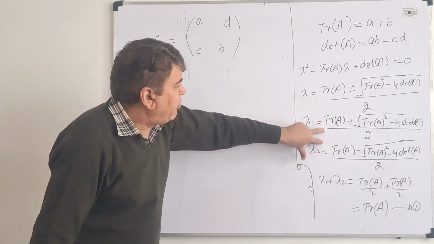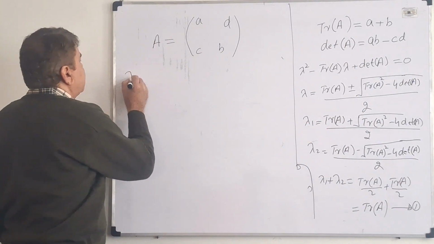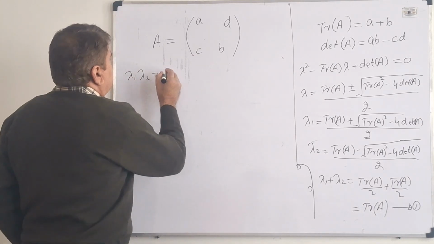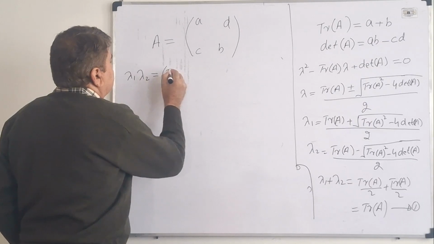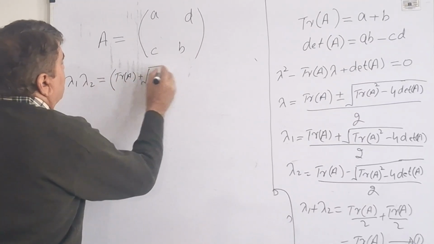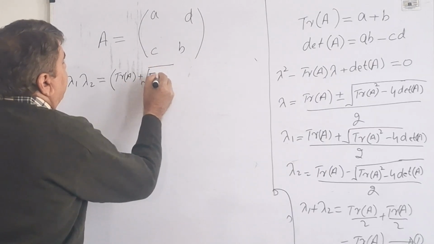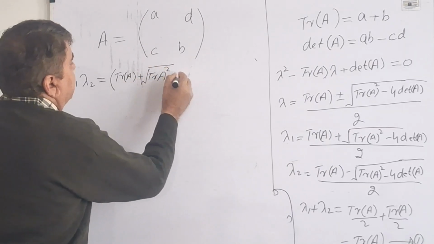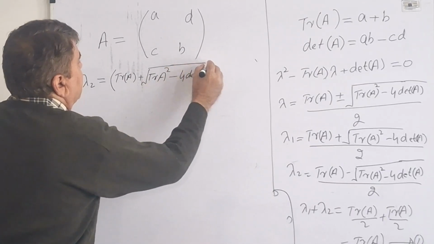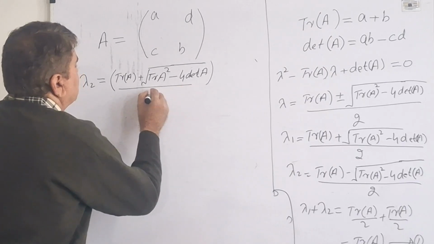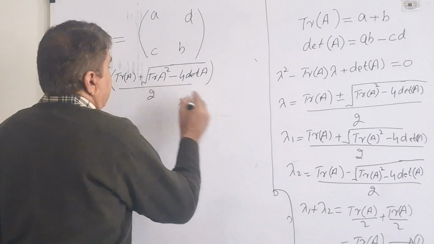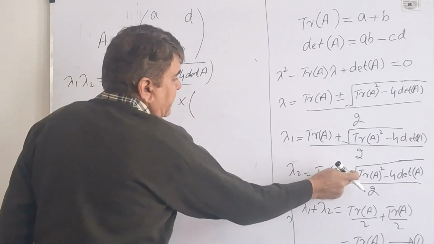Multiplying these two equations with each other means I'm multiplying lambda 1 with lambda 2, and that would allow me to write trace of A plus square root of trace of A squared minus 4 determinant of A, the whole divided by 2, and again multiplied with the same thing but a negative sign over here, that is this thing.